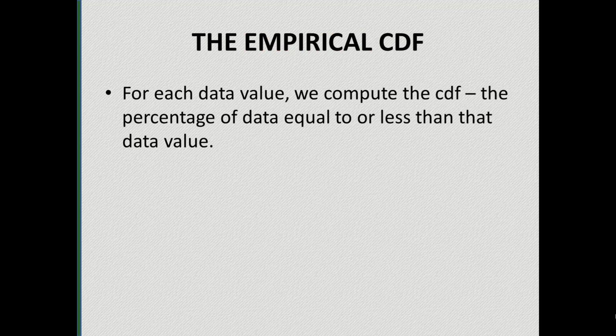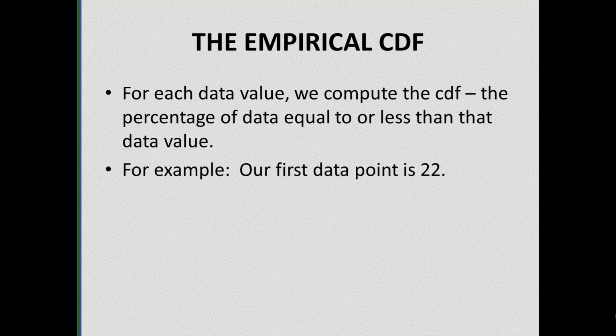So let's begin by looking at the observed CDF, cumulative distribution function of the data. In other words, the empirical CDF, to use KS test jargon terms. For each data value, we need to compute the CDF, the percentage of data equal to or less than that data value. For example, our first data point is 22.